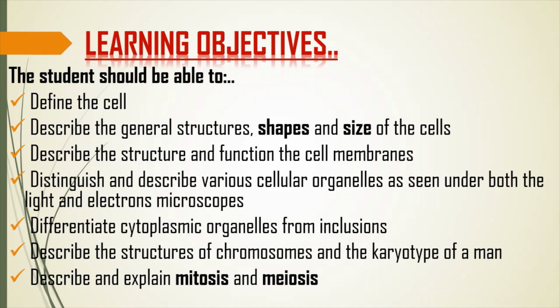At the end of this lesson, the students should be able to, number one, define what the cell is, to describe the general features of the cell, the shapes and the size of cells, to describe the function and the structure of the cell membranes, to distinguish and describe various cellular organelles as seen under both the light and electron microscopes, to differentiate cytoplasmic organelles from inclusions, to describe the structures of chromosomes and the karyotype of a man, and lastly, to describe and explain the processes of mitosis and meiosis.